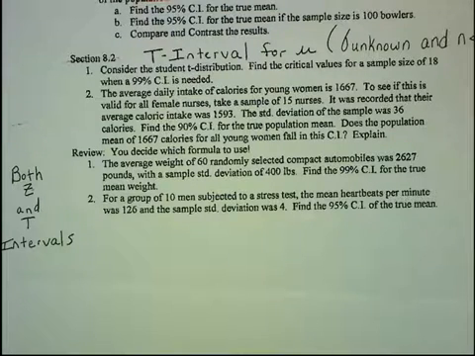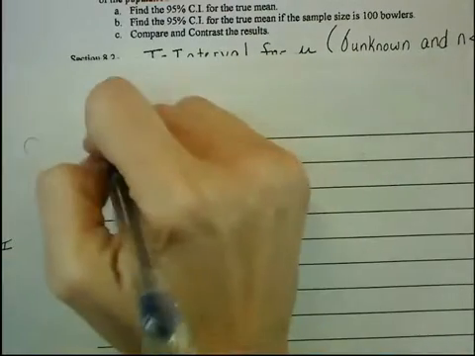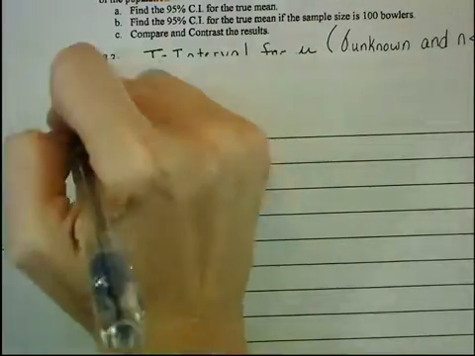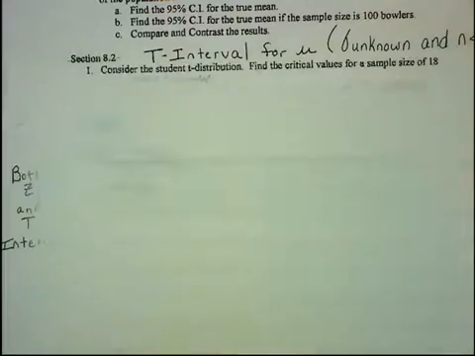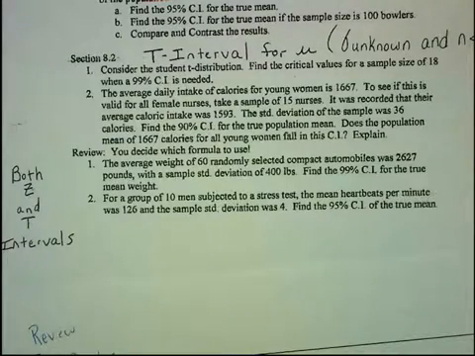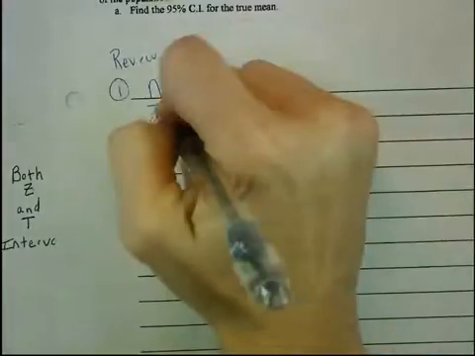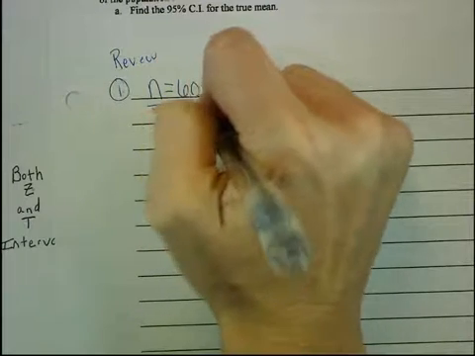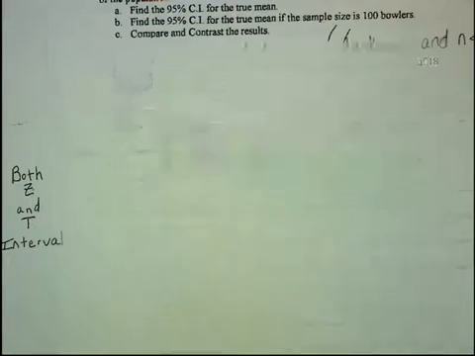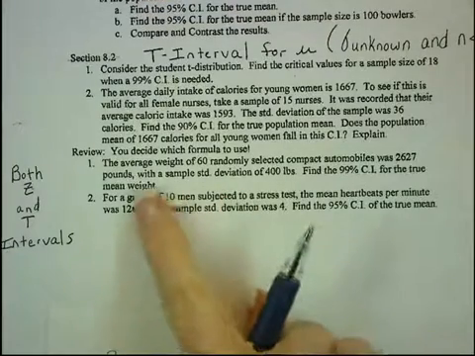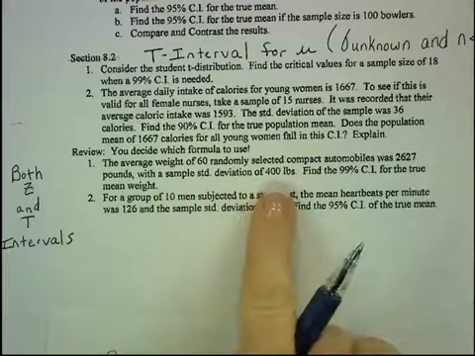The average weight of 60 randomly selected compact automobiles. So N is 60. So this is the review, and this is number 1. The average weight of 60 selected compact automobiles is 2627. So that's your X bar, the average weight of the sample of 60. It also says with a sample standard deviation of 400 pounds.